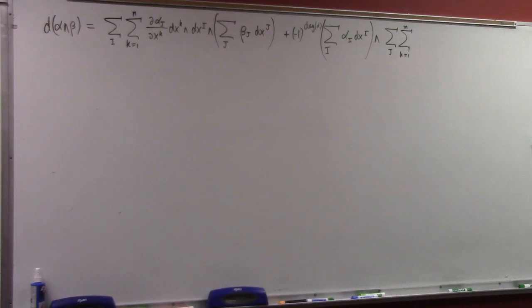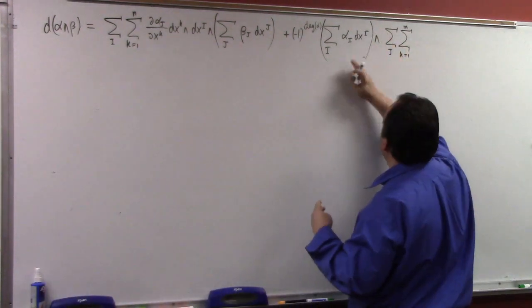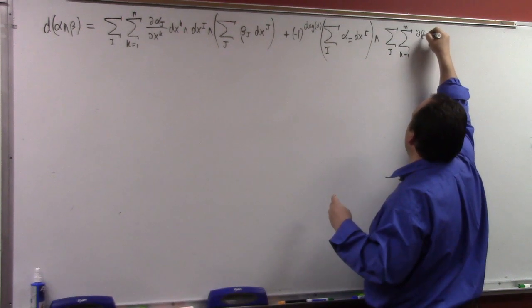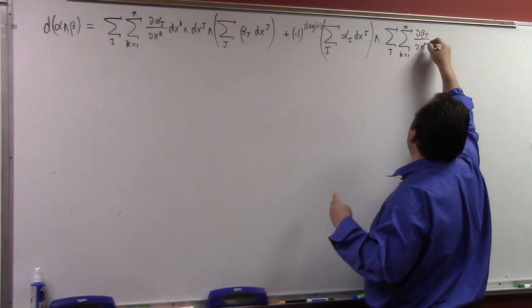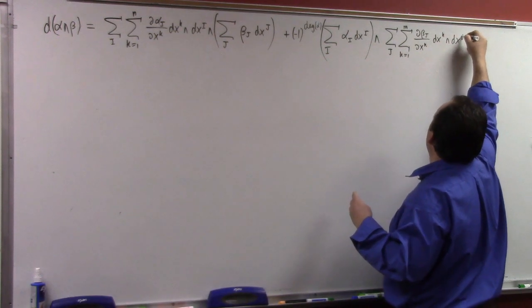But anyway, all I'm doing at the moment is I commuted the differential there, right? And now I'm going to, again, use the distributive property of the wedge to move this stuff over here. And you've got partial beta j, partial xk, dxk, wedge dxj, right?